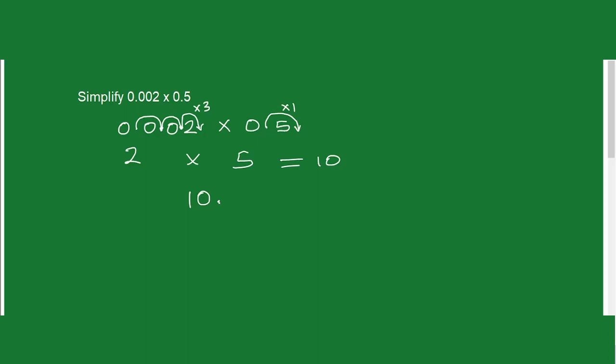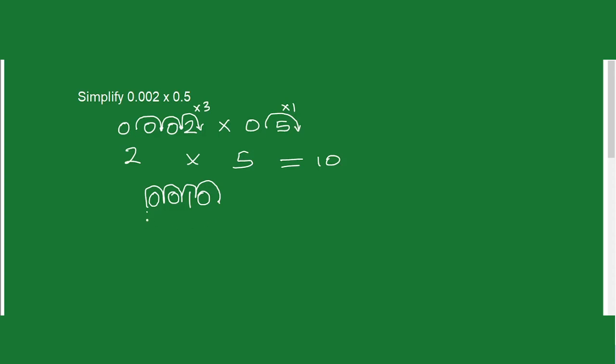Let's count: 1, 2, 3, and 4. The decimal point lands here. So you can see that there are empty spaces here. What am I going to do with the empty spaces? I'll put 0 in those empty places.